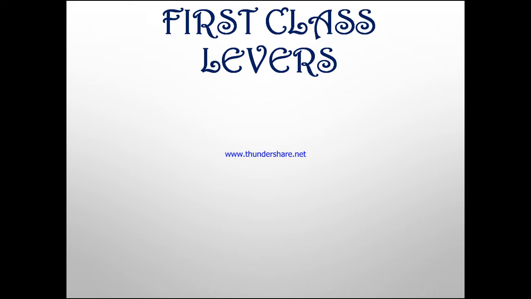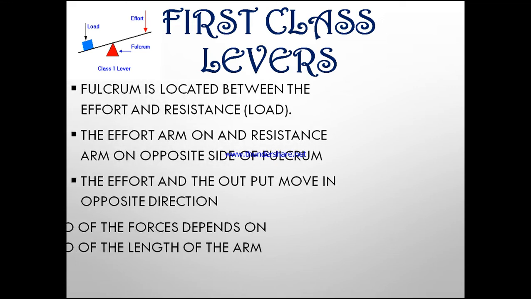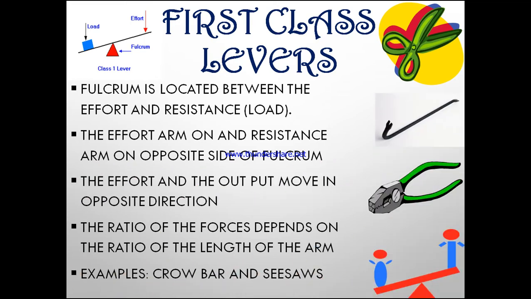Now, what about the first class lever? According to the first class lever, you will find the fulcrum is located between the load and the effort. The effort arm and the resistance arm are on opposite sides of the fulcrum.